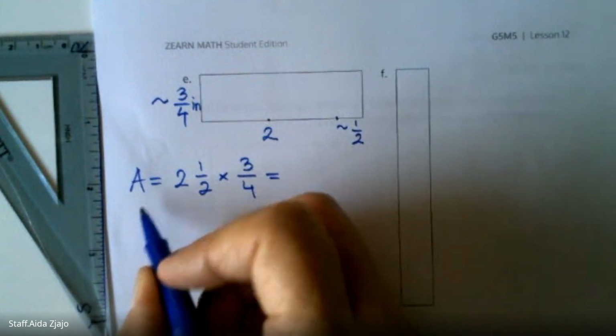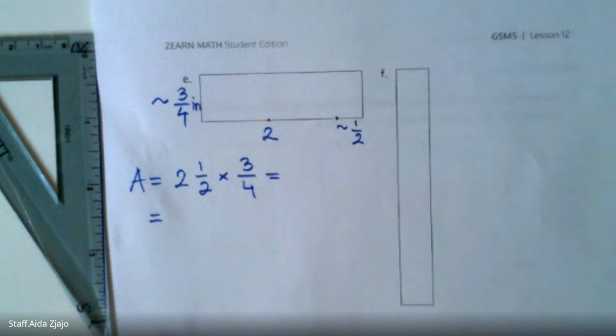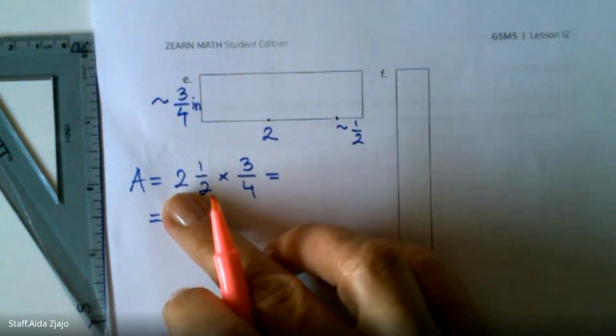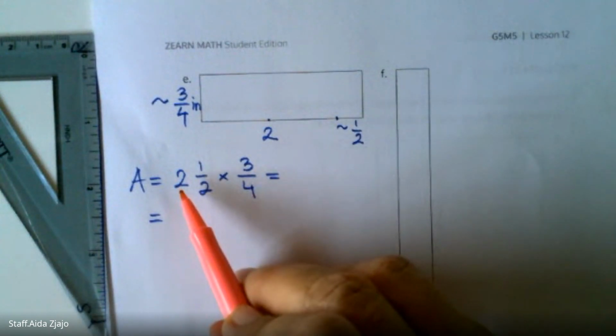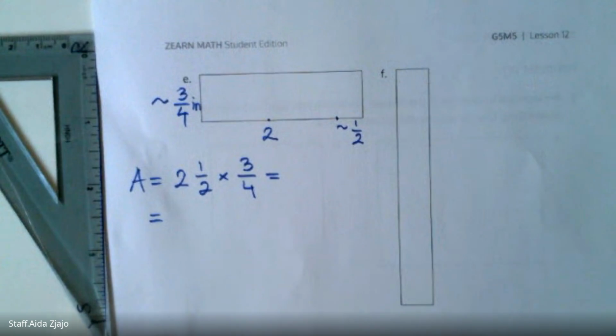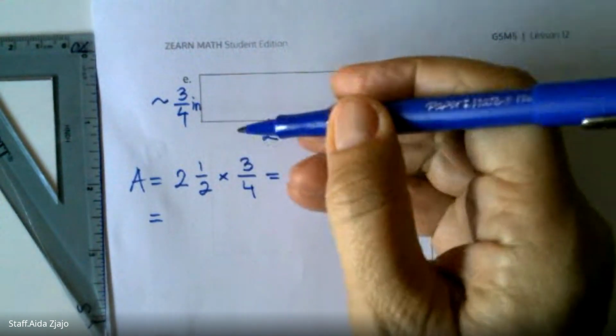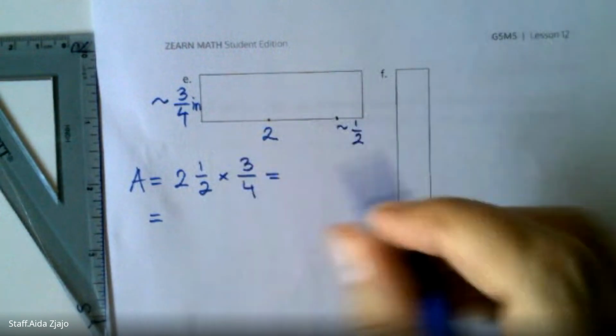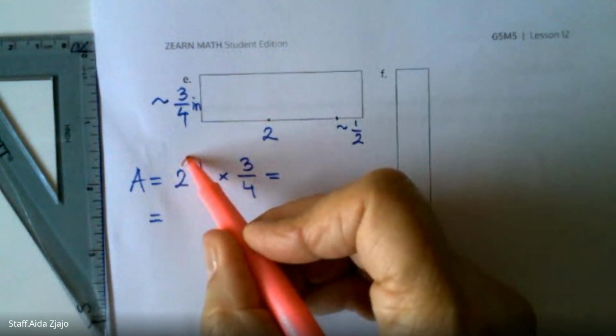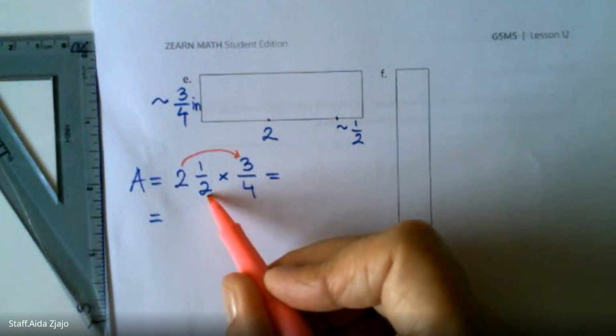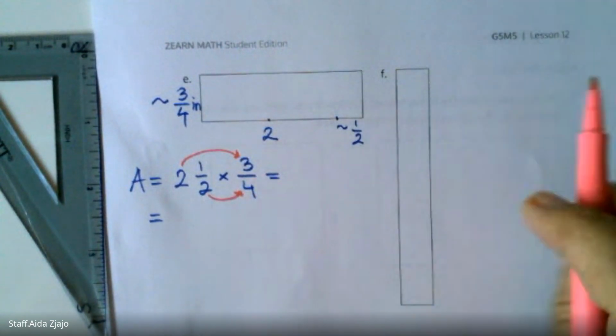So area equals, you can do the standard algorithm, or you can change the halves. Let's not change them, because we're doing area, I'll do the partial products. So I will do 2 times 3/4 and 1/2 times 3/4.